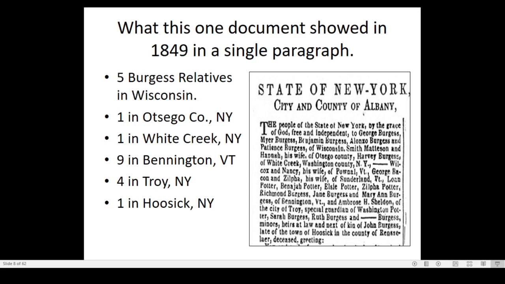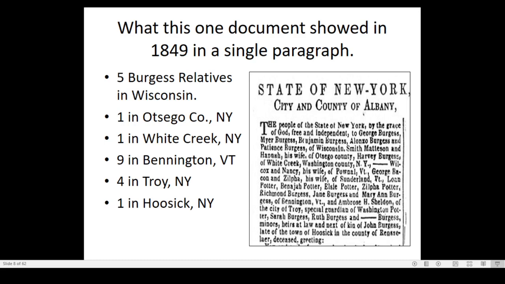So here in a single paragraph, I found the connection to all these people, and I can read just a little bit of it right here. It says, the people of the state of New York, by the grace of God, free and independent, to George Burgess, Meyer Burgess, Benjamin Burgess, Alonzo Burgess, and Patience Burgess. Patience is my great-great-grandmother.